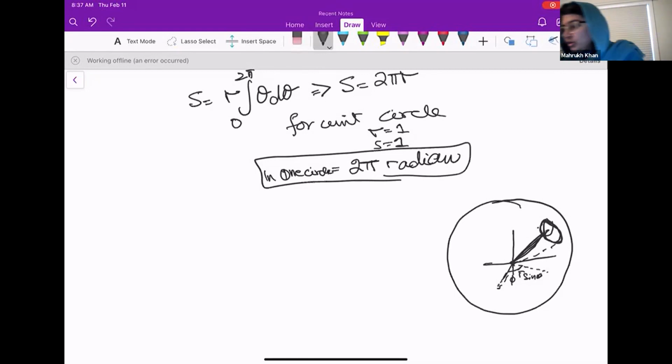That is made with the R sine theta and R, with the help of them.